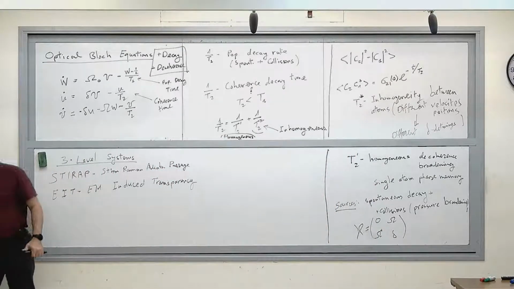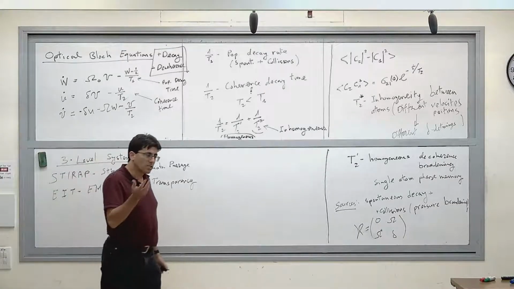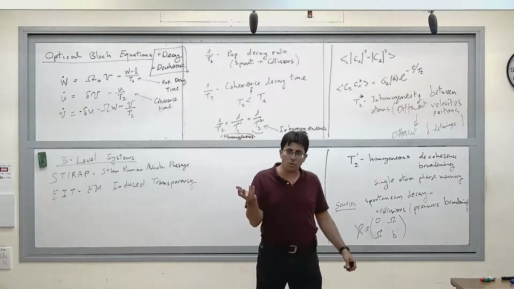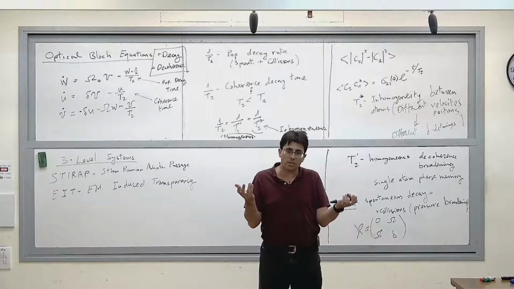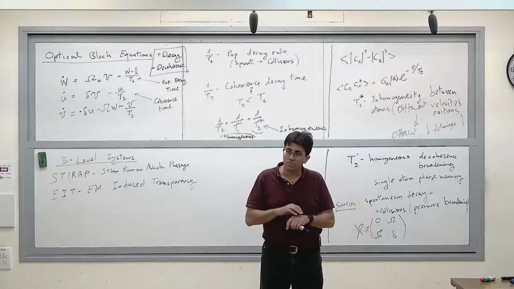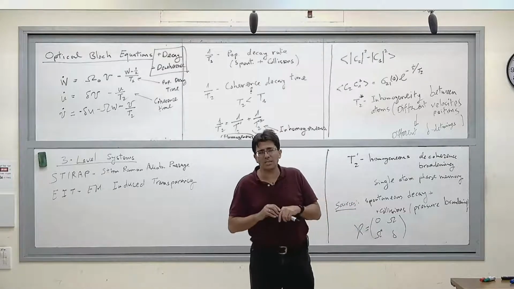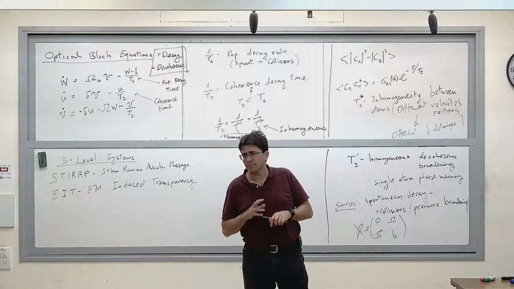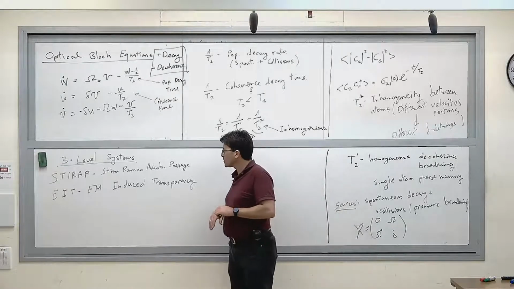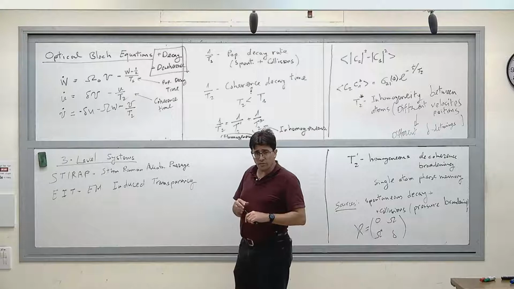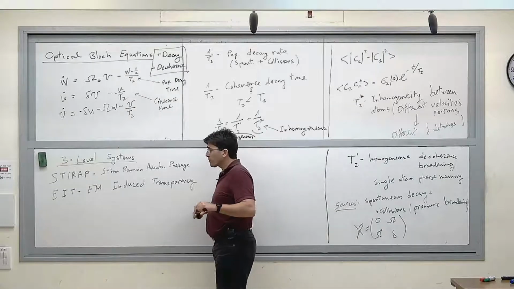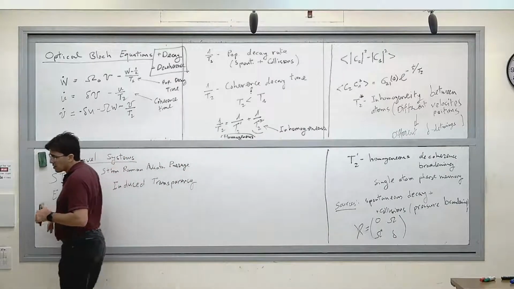I shine one laser, and suddenly this medium becomes completely transparent to another laser. And it becomes an extremely narrow line. They're really beautiful effects, and we'll discuss them shortly.